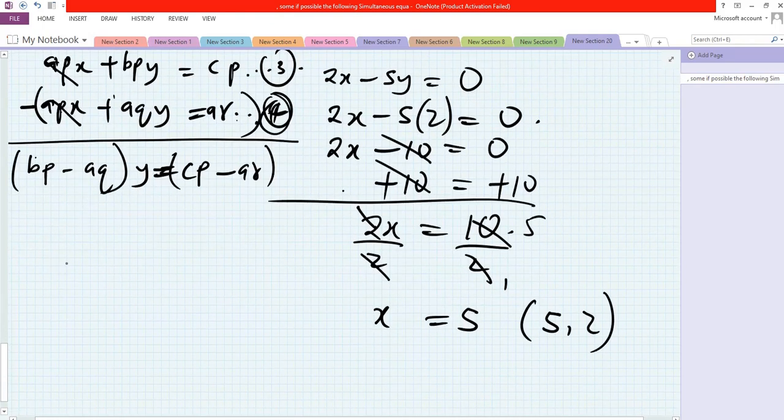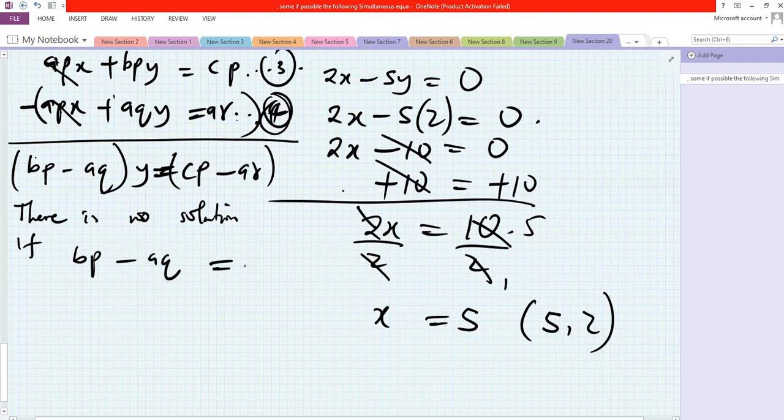From this equation, there is no solution if bp minus aq is equal to 0.